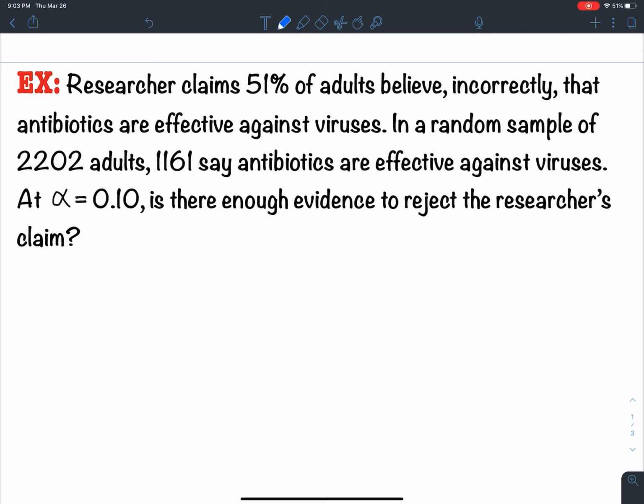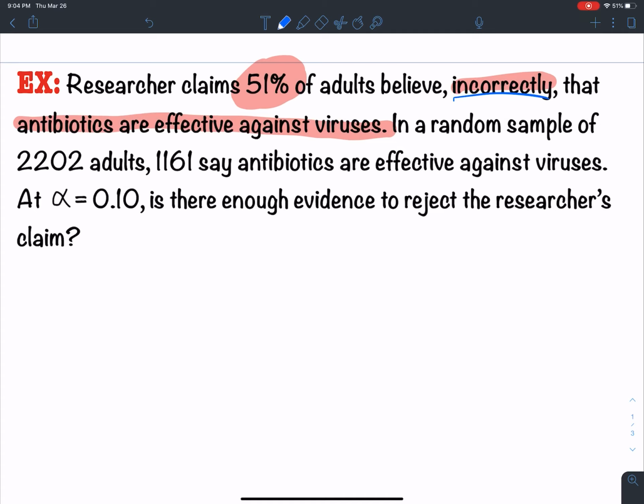A researcher claims 51% of adults believe incorrectly that antibiotics are effective against viruses. So if you go out and get the corona, don't be taking no antibiotics thinking that's going to fix it. It's not going to do any good, okay? They believe incorrectly that all they've got to do is take some antibiotics and that'll kill the virus.